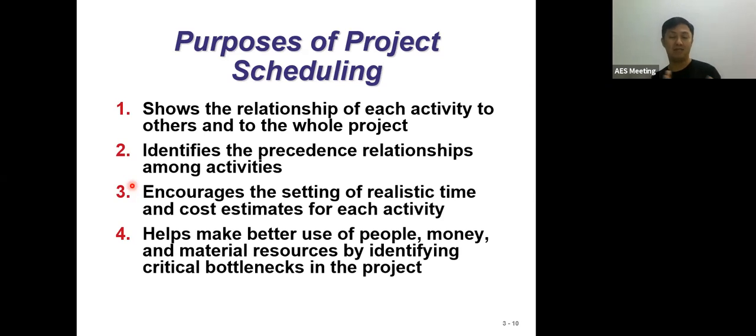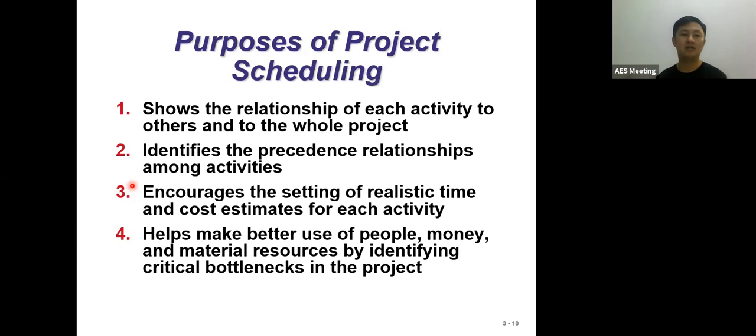The time of your cooking will have a variance here. So that is why we need estimation. We try to estimate the time and the cost for each of our activities, so that this will be available for our projects.